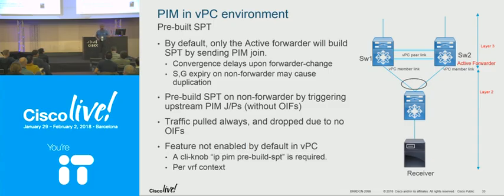In this case, with or without PIM pre-built SPT doesn't make any difference, because it anyway has to receive the data stream so that it can forward the traffic towards the other L3 interface. But if the scenario is such that you just have one interface, which is a VPC egress interface, in that case pre-built SPT comes into the picture, and that's very handy. Very good question. Thanks.